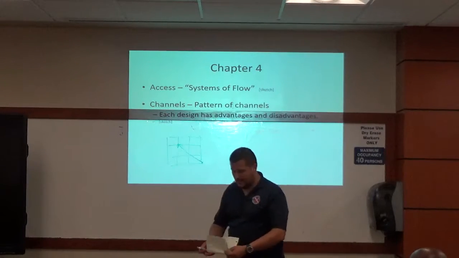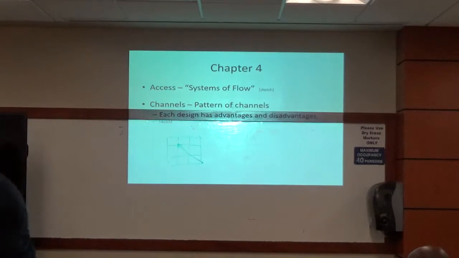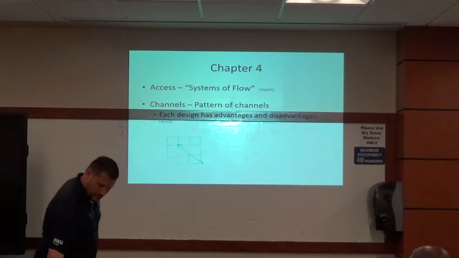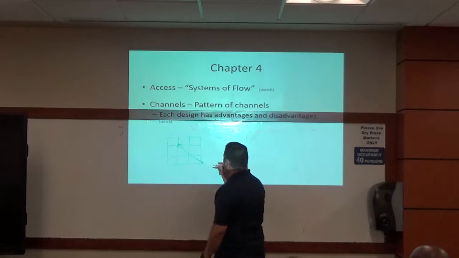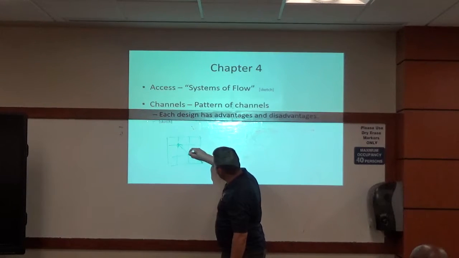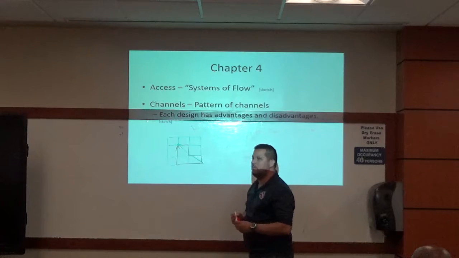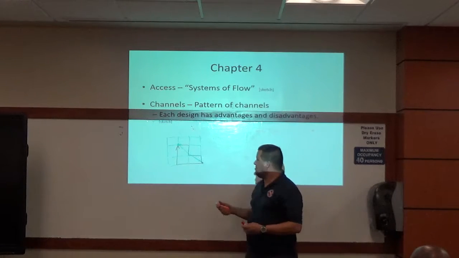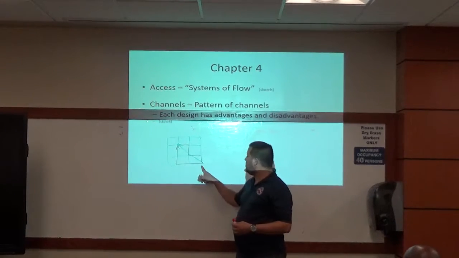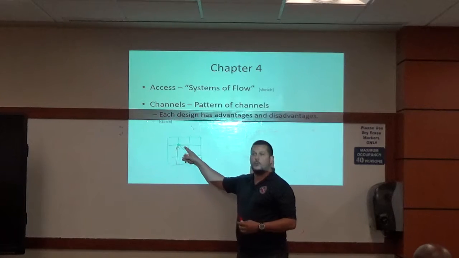If I happen to walk, I can walk this way as an example, or, let's say, walk this way. Makes sense. This is a busy road. This is a small little neighborhood road.